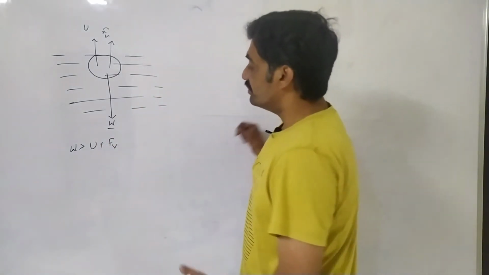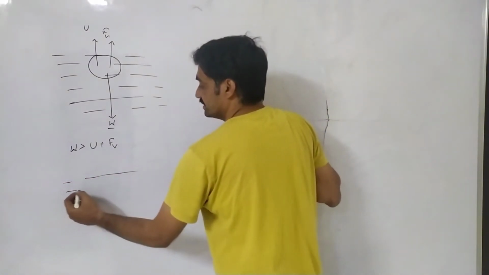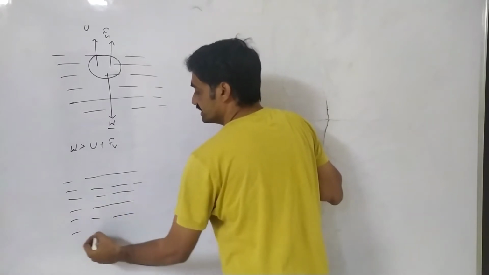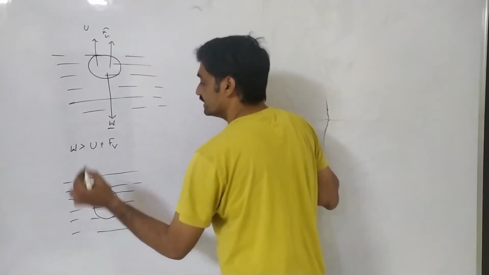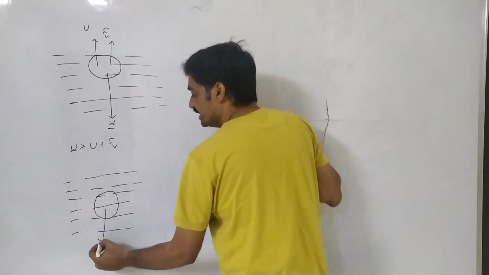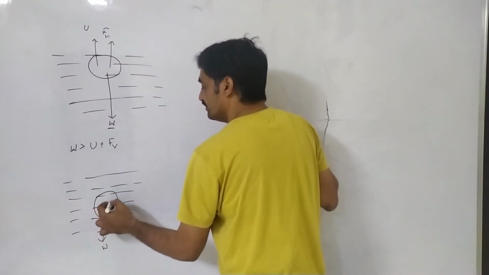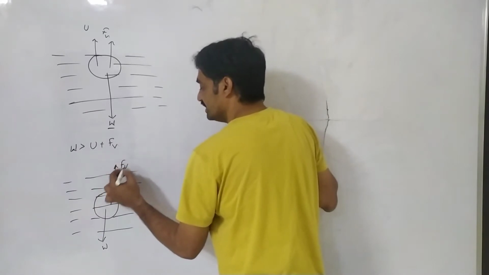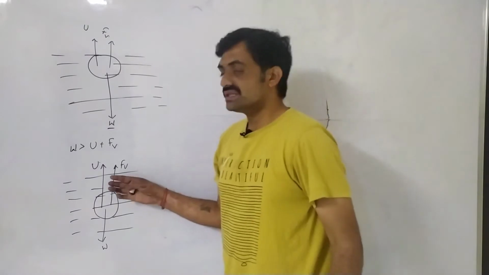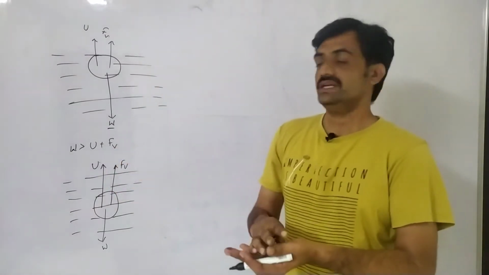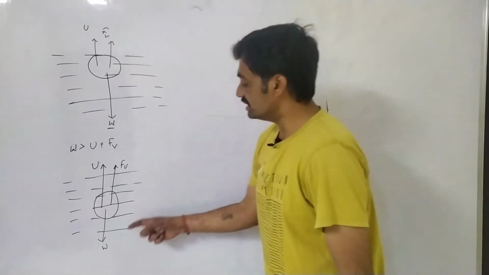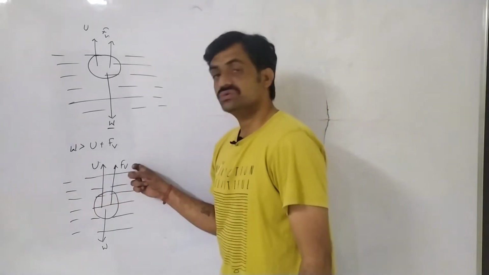Here, when the body attains the midpoint or some distance within the fluid, the weight is represented as W, viscous force as F suffix V, and upthrust as U. Since the body has traveled within the fluid, here the net force will be equal to 0, meaning the weight is being balanced by these two forces.